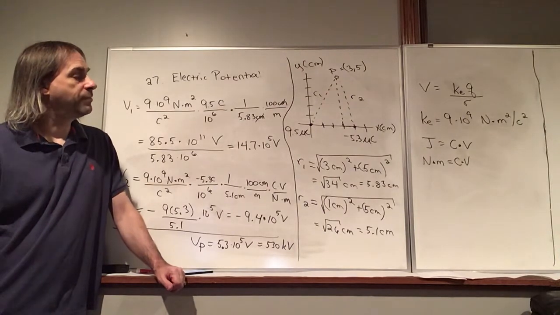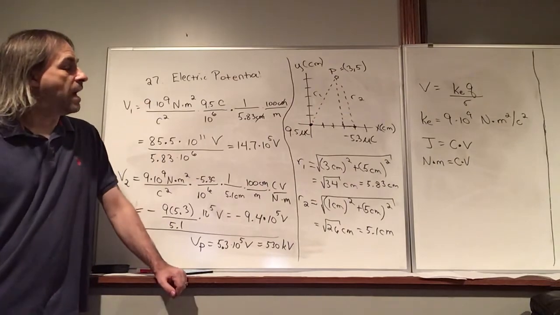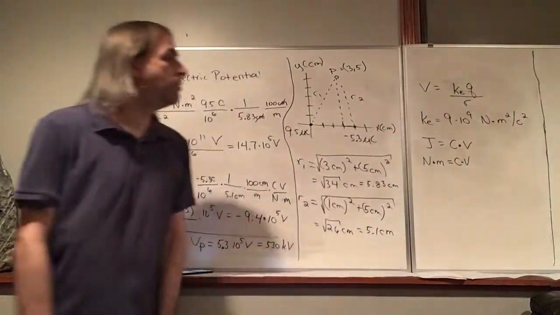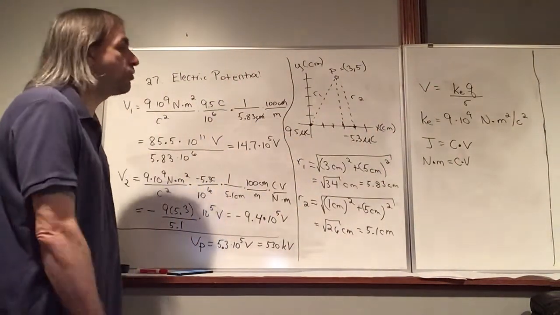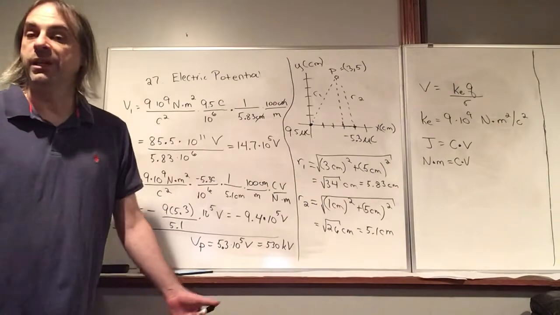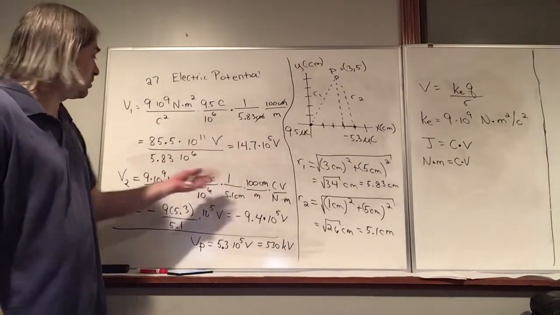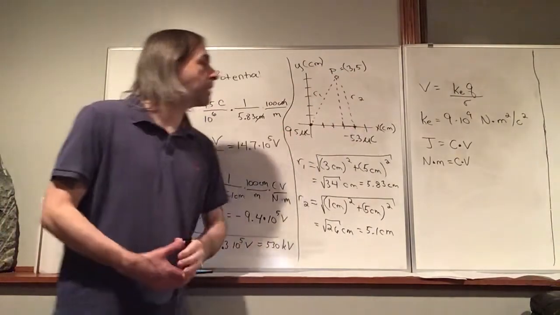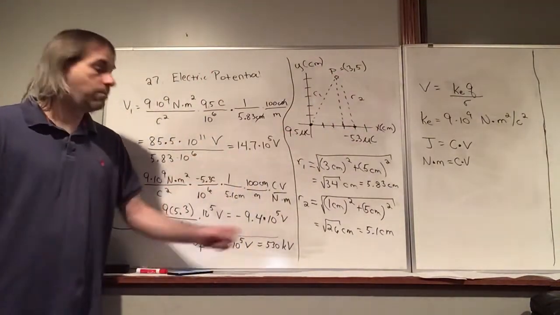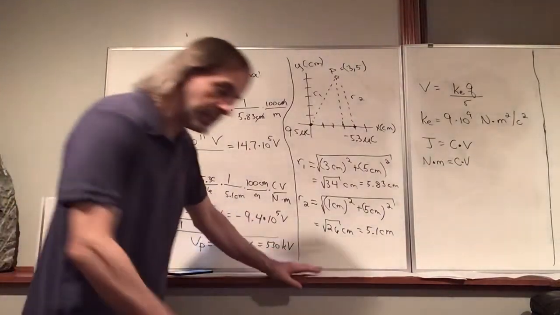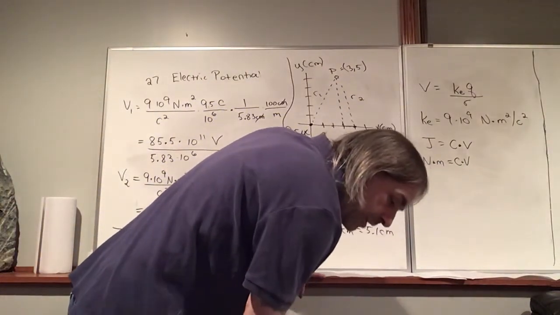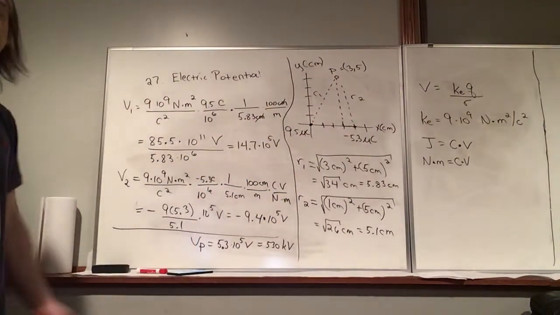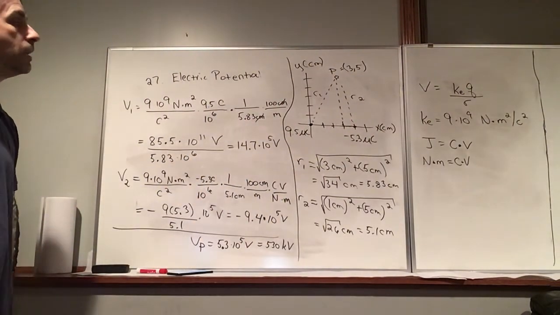But yeah, if you just understand the procedure, here's the formula to calculate potential, and just do that for every charge as if that was the only charge that existed, and then you add up, like here we have V1 and V2. Those are the only charges, so the potential at that point would just be the sum of those two. I'll check and see if I got the same thing. Yeah, 5.32 in the notes times 10 to the 5th. So, always good to double check, make sure you get the right number.